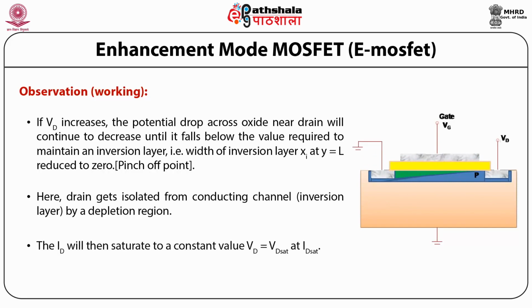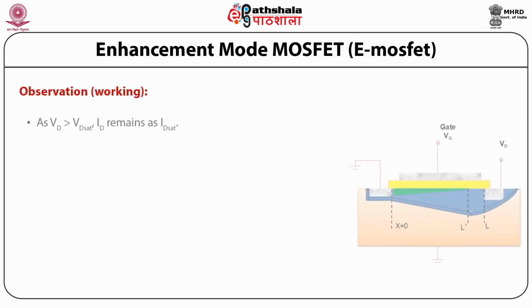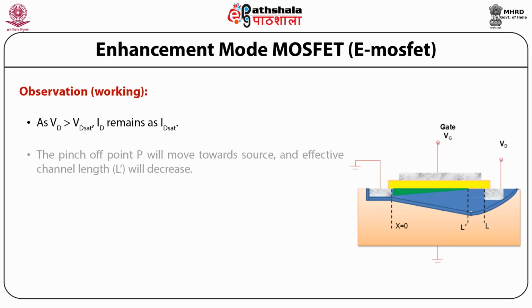So Id will then saturate to a constant value, Vd equal to Vd saturation at Id saturation. Now if we increase Vd, that is, Vd is greater than Vd saturation, Id remains as Id saturation and the pinch-off point will move towards the source, and the effective channel length L prime will decrease.